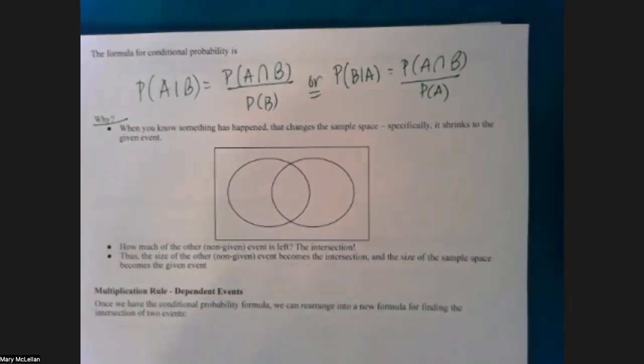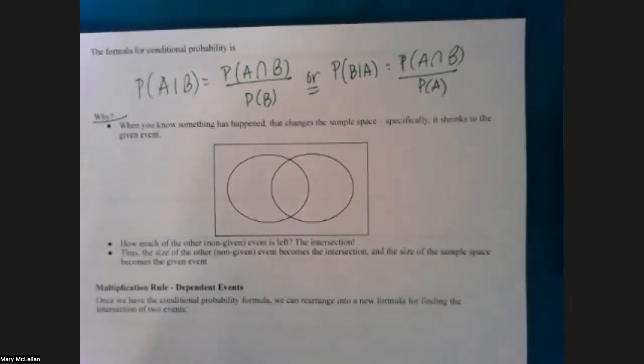Well, here's why. When you know something has happened, it changes the sample space. In particular, the sample space shrinks to the given event.